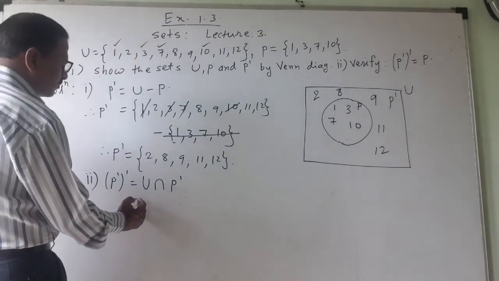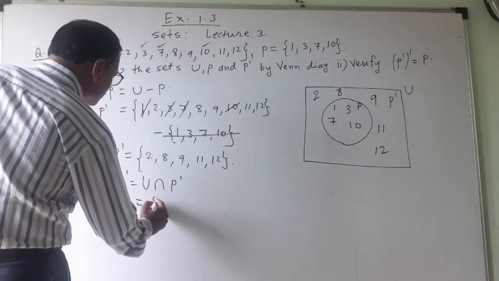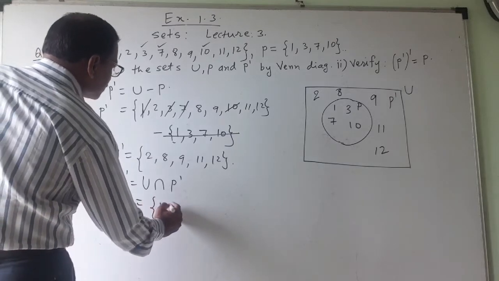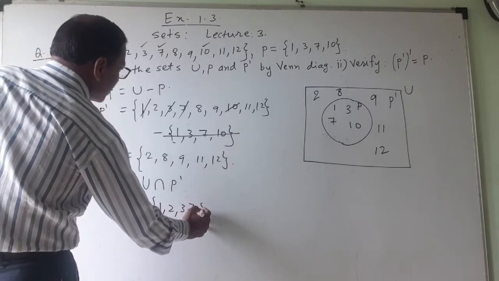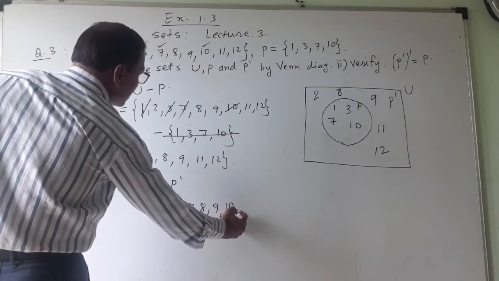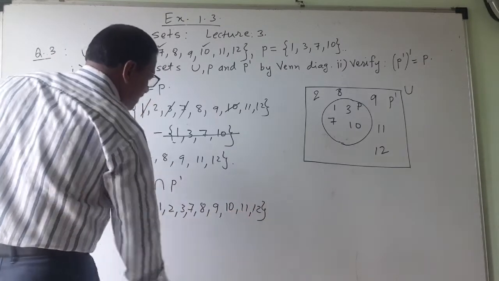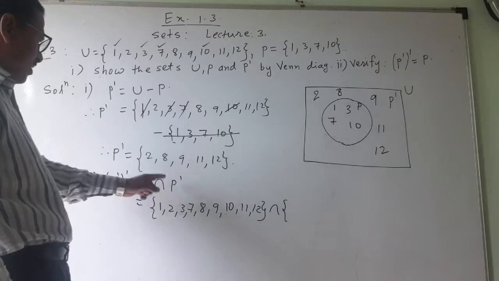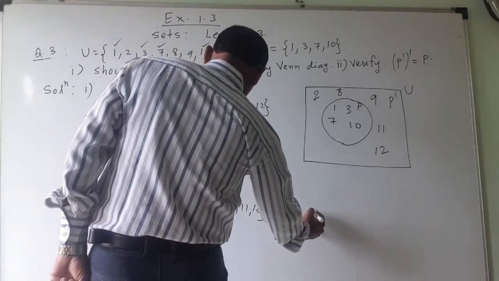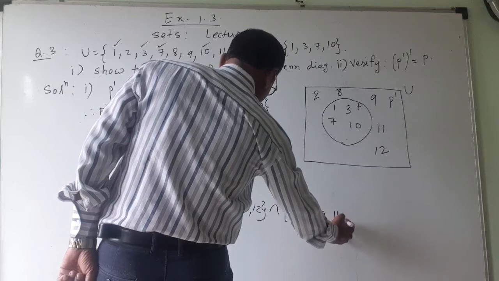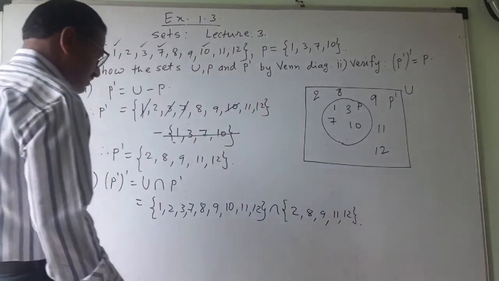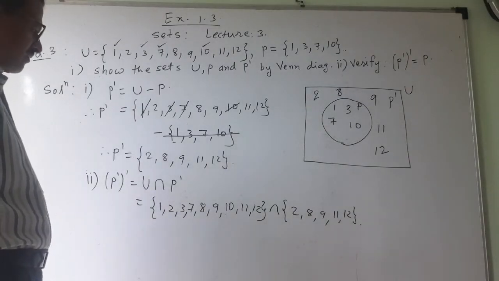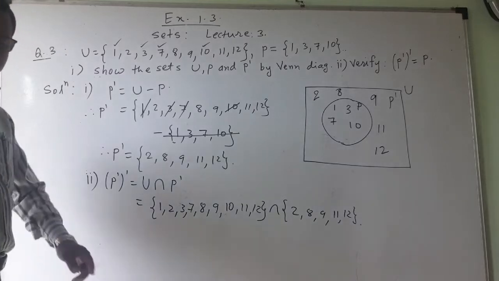So that is equal to U, which is 1, 2, 3, 7, 8, 9, 10, 11 and 12, intersection, meaning common, with P complement. P complement is 2, 8, 9, 11 and 12. So whatever is common, that I will write. Okay, this is one way.